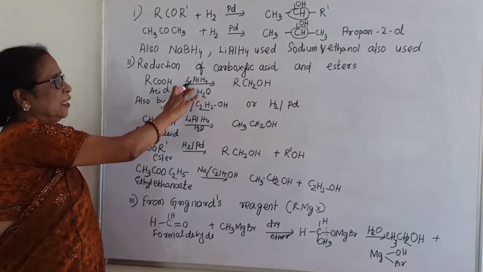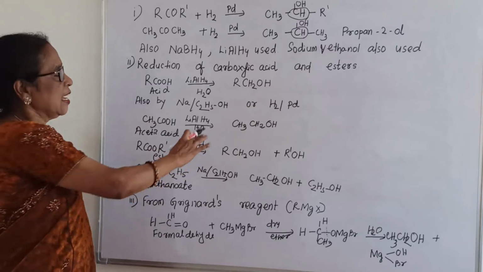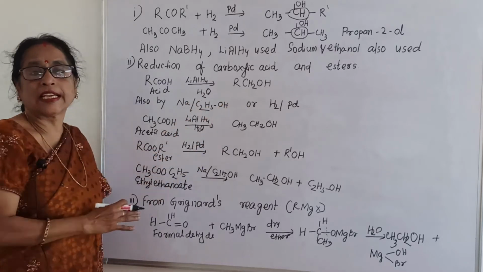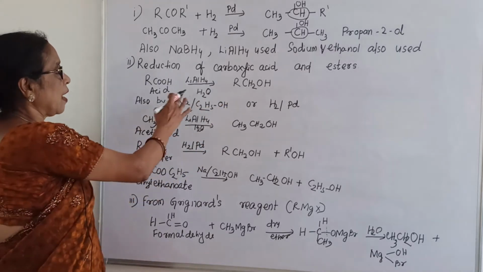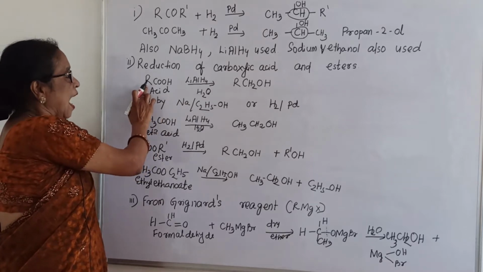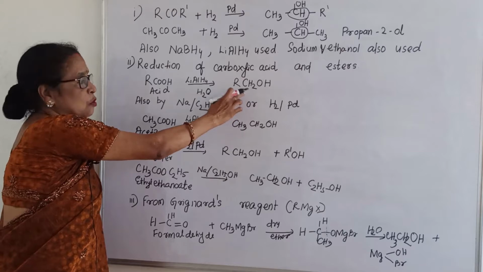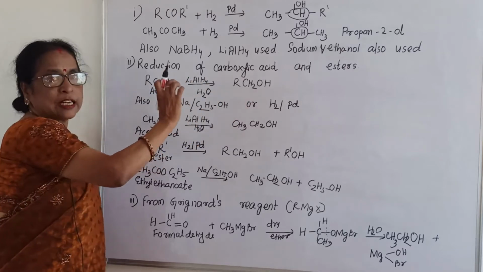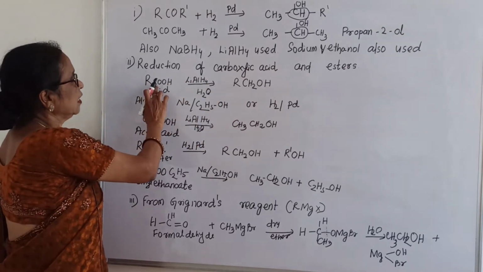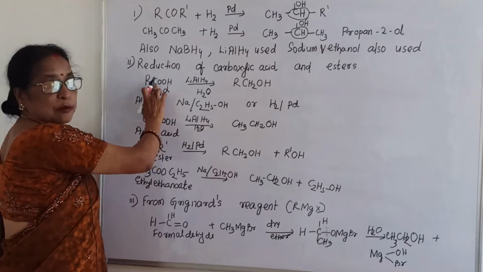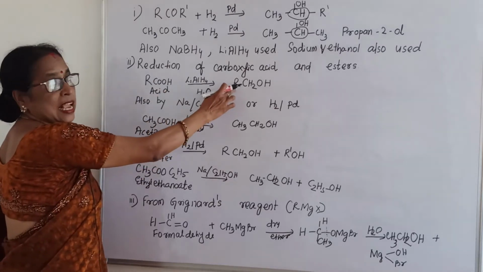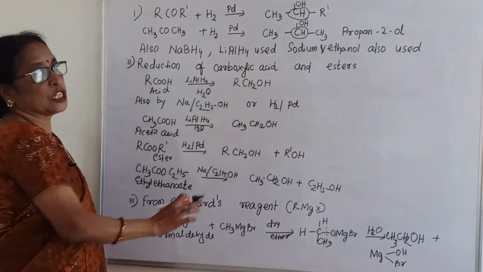With the help of lithium aluminum hydride in presence of water, it gives alcohol. Then what type of alcohol will you get? This R remains as it is. This carbon changes to CH2 and this part to OH. That means how many carbons here? You can see one carbon, but R remains as it is, so RCH2OH.